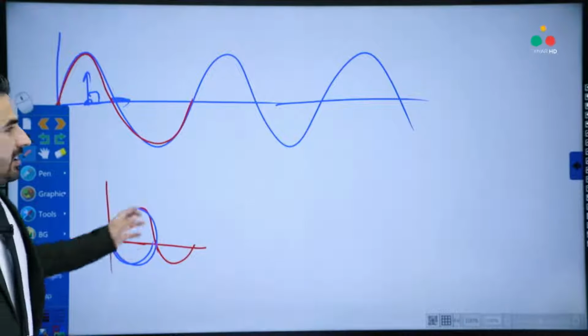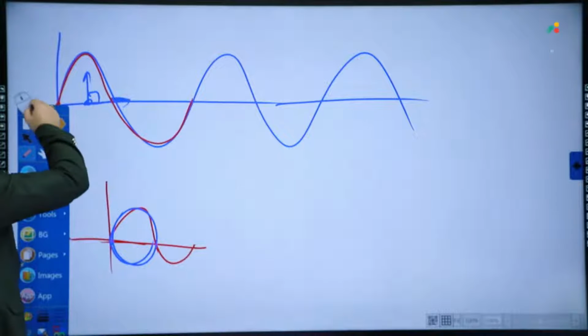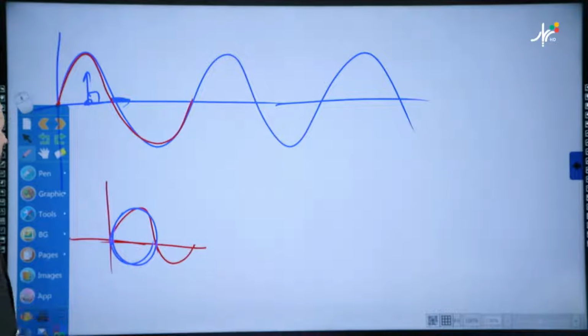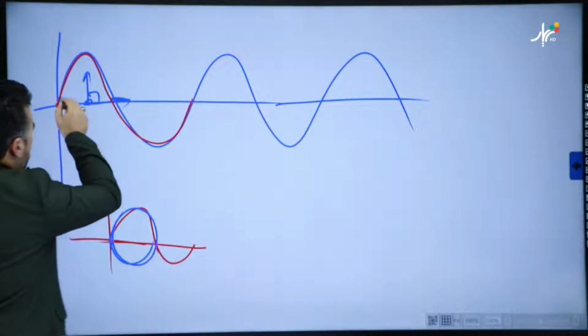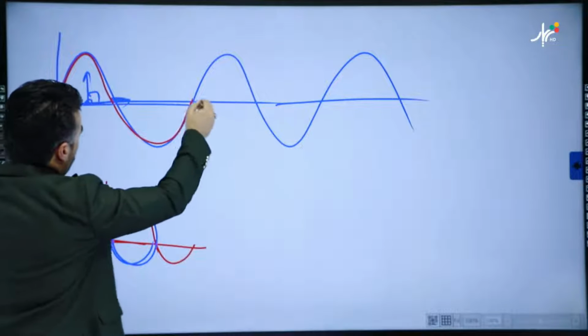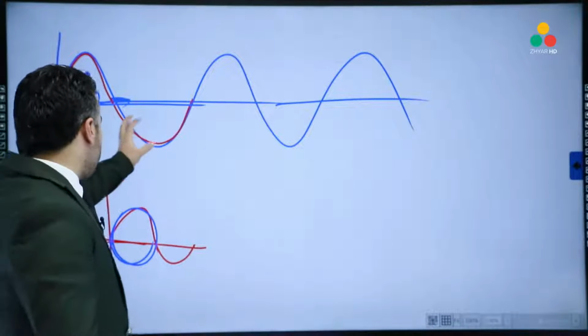That is the time it takes for one complete oscillation, or one complete wave. That is called a period, and period is measured in seconds. So the time it takes for the wave from this point to this point, we can call a period.